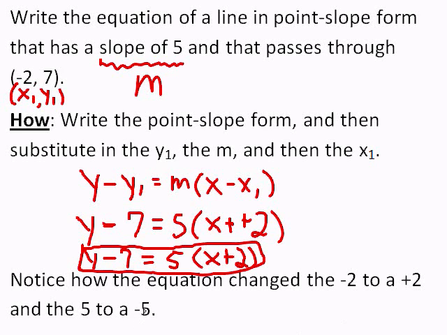If we look at our original point, it was -2 on our x value. When we go down to the equation, because it was minus -2, it turned it into a plus. The y1 was a 7, and when we put it into the equation, it became y minus 7. That's going to be important later on.